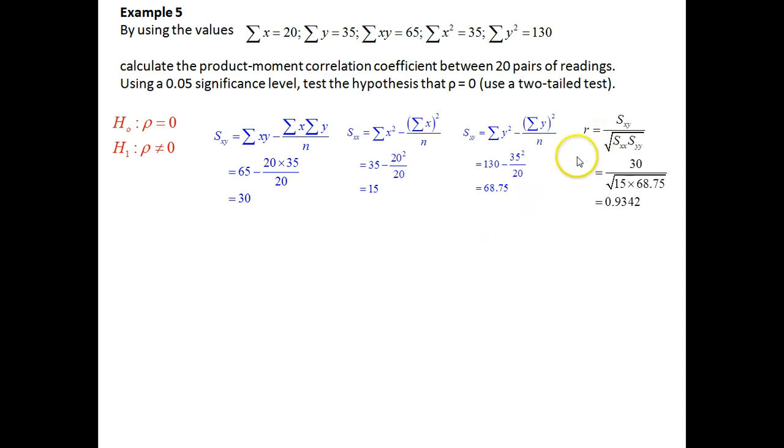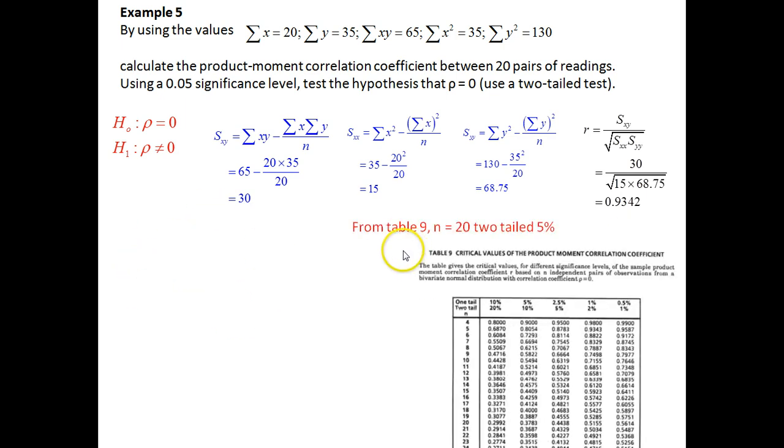Our product moment correlation coefficient is 30 divided by the square root of 15 multiplied by 68.75, giving us 0.9342. That's a very high value anyway, but we'll use it to test. From table 9, we've got n is 20, two-tailed at 5%. So we're looking at 5% two tails down to n is 20.